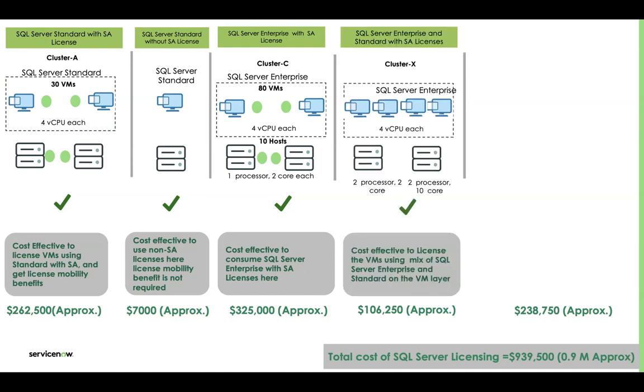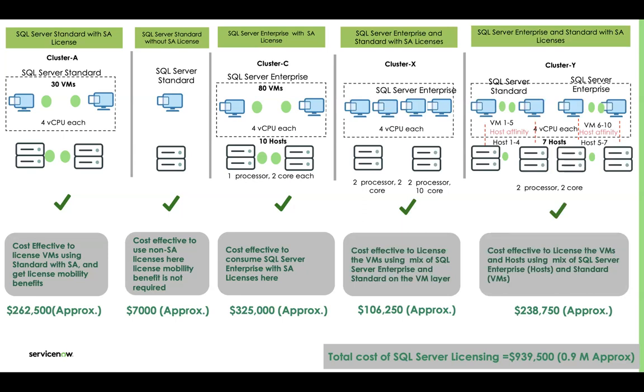On cluster X, which has a mix of SQL Server Enterprise and Standard, it makes more sense to use a mix of SQL Server Enterprise and Standard licenses on the VM layer here, because it's more cost effective. On cluster Y, again, it's more cost effective to license the VM and host using a mix of SQL Server Enterprise and Standard.